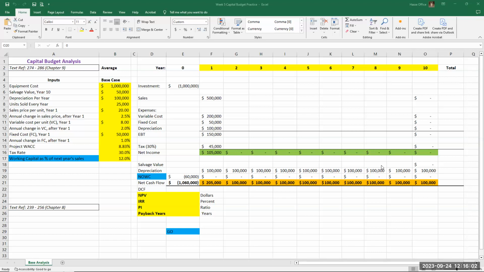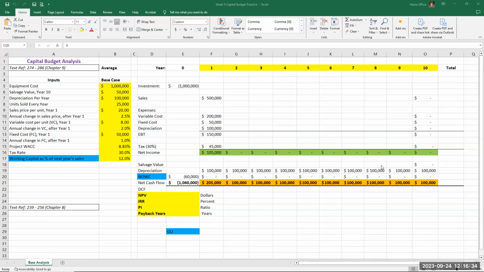Putting all that together and then determining, based on the cost of capital, the discounted cash flow, which will lead into the net present value, or return in dollars. You can determine the internal rate of return, which is a return in percent. You can determine the profitability index, which is a return in ratio, and a determination of payback in years, which is in time. We practiced all those earlier this week, number 5.